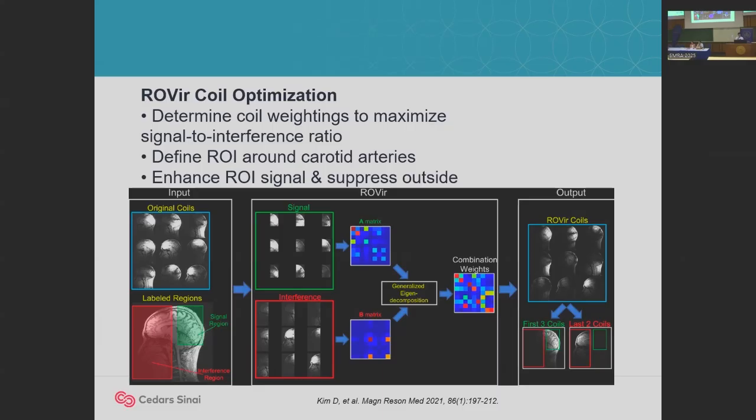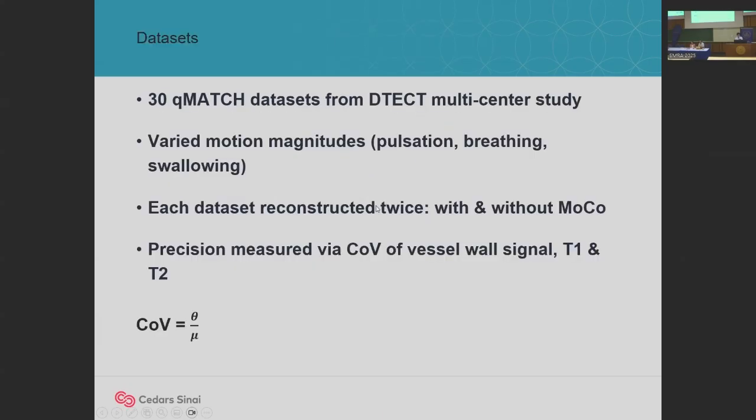Essentially, it's like beamforming in the coil combination. This allows us to suppress the motion coming from outside the carotid area while maintaining high signal from the carotid area. So we have included 30 Q-match data sets from the DTAC multi-center study.